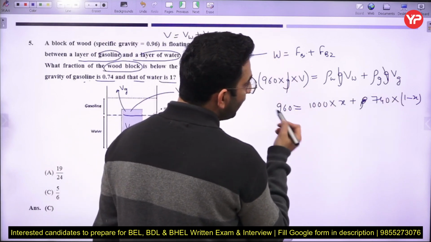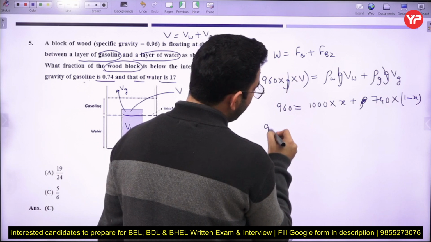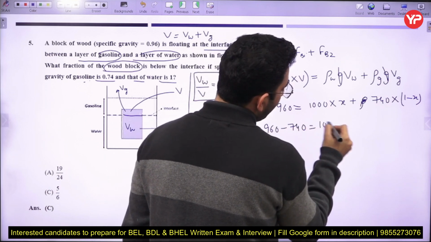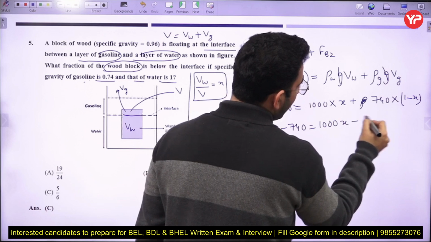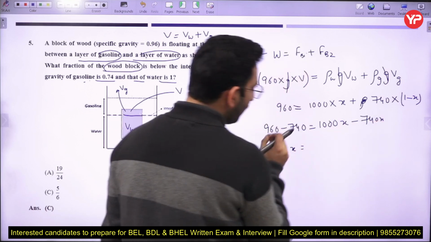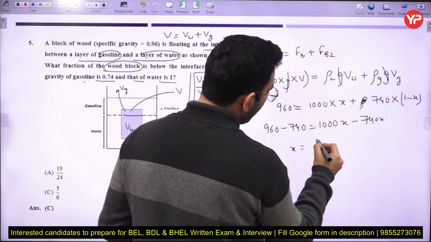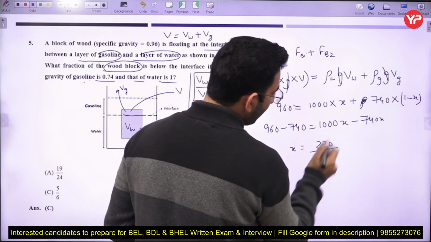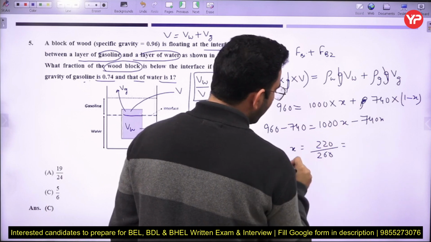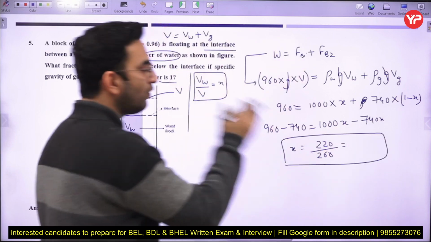The value will come out from 960 minus 740 equal to 1000x minus 740x. If you solve this, the value of x will come out to be around 220 divided by 260.